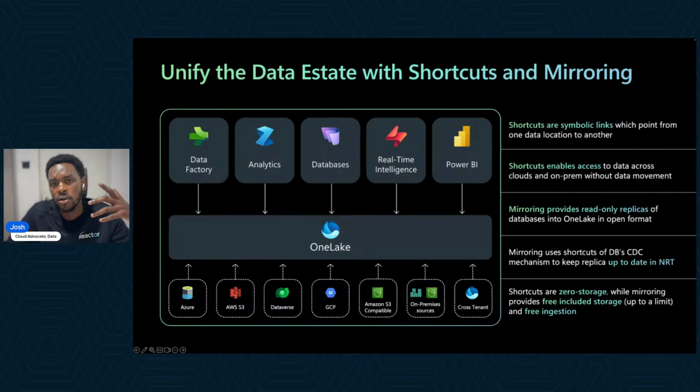Depending on your data source, mirroring can either replicate your entire database into Microsoft Fabric, or just keep the metadata inside of OneLake in Delta Parquet tables, and then keep that data in sync in near real time.